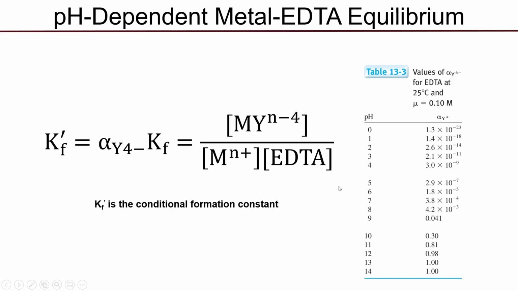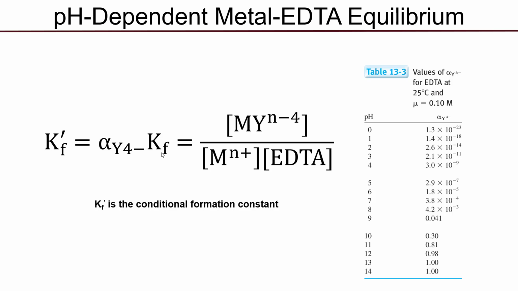So for instance, if you're interested in an EDTA titration that's buffered to pH 10, you come to table 12.3 and you scroll over and find pH 10. The alpha value is 0.30. And if I want to calculate the conditional formation constant, it's going to be the alpha value 0.30 times the formation constant itself for the metal. And that's all there is to the conditional formation constant.